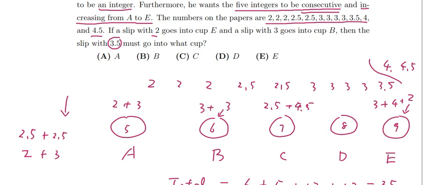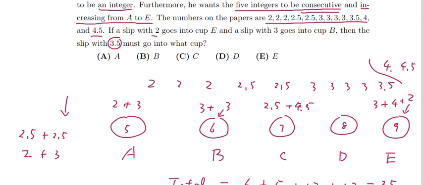Then the numbers left are 2.5 and 3.5, so this does not work.